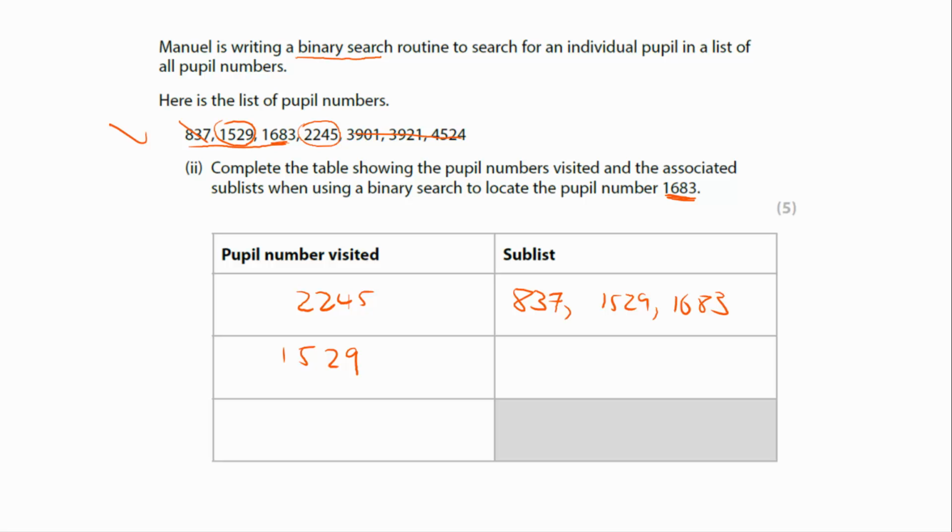So our sublist now just becomes our target, but we still have to follow it through and search it. So we write it down, but then we found it, so we finish, hence the box is grayed out. So it should be a really easy 5 marks if you've learnt it, but make sure you learn all the algorithms. They're not actually that hard, but you just have to force yourself to really learn how they work, and hopefully my video shows you enough examples so that you understand it.